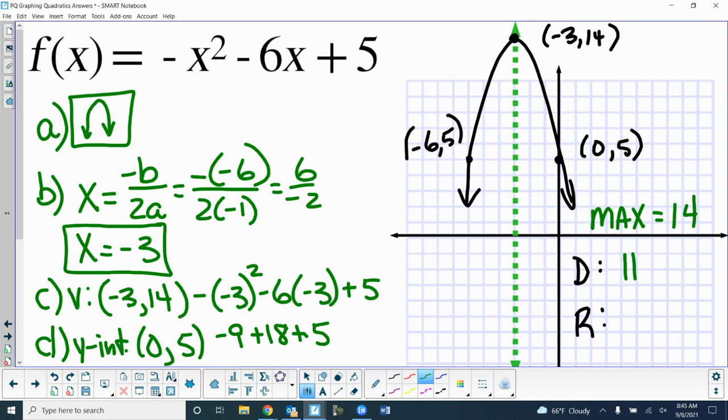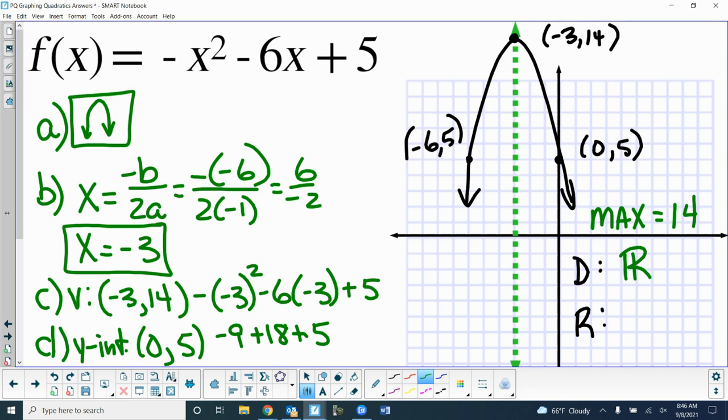Domain is all real numbers, but the x values, right? Again, the reason being, as these arrows continue down, they get further and further apart, right? So this is our x-axis, the horizontal axis. So we can go as far left to negative infinity or as far right as we want, positive infinity. Okay, that's why it's all real numbers.